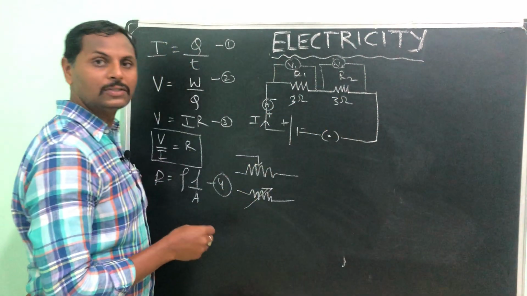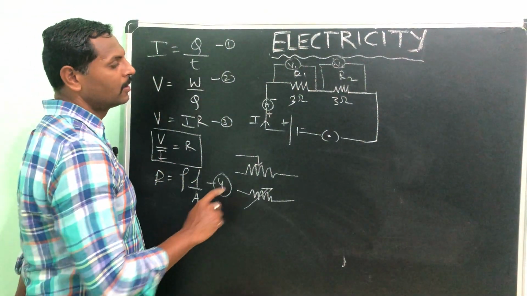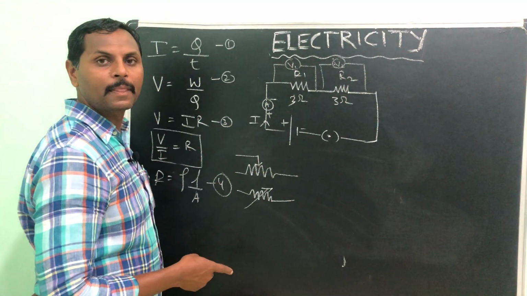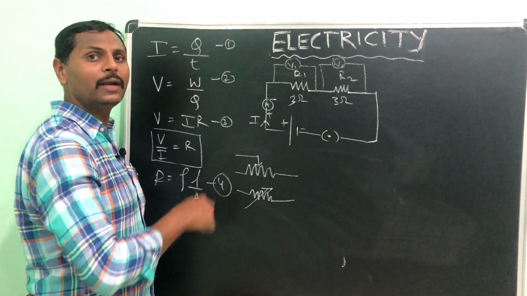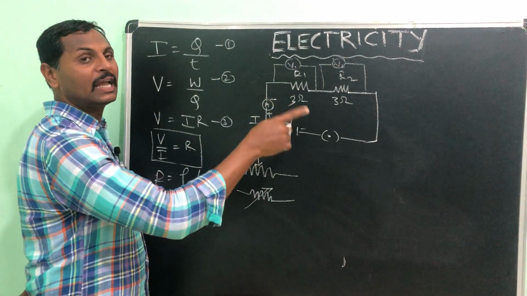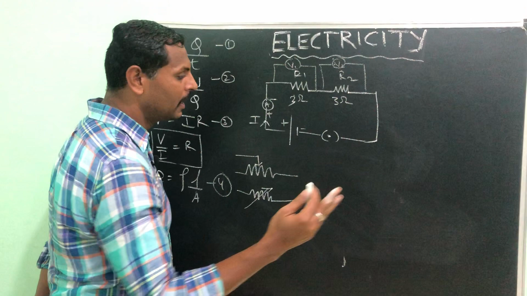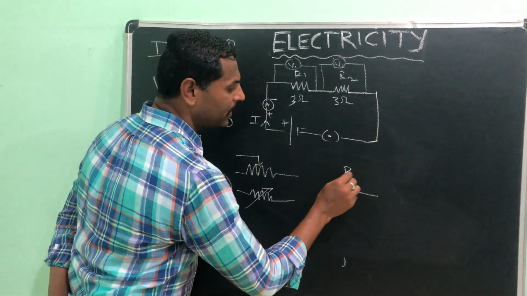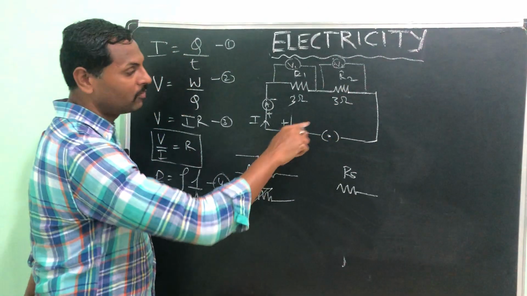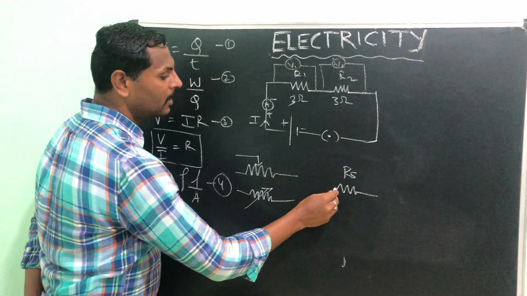We measure resistance in ohms. Then if you want to remove these two and put one resistance, that is the effective resistance of these two, how much would that be? The effective resistance of the series we always write as RS, since this is in series.